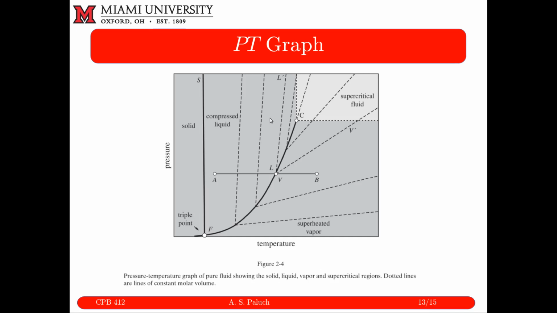It's compressing my fluid. I get a liquid. In terms of superheated, another way to think of it is if I keep pressure constant again and I increase temperature, I heat up my fluid even more until I get to that single phase vapor region. Cool. So that's my phase boundary.